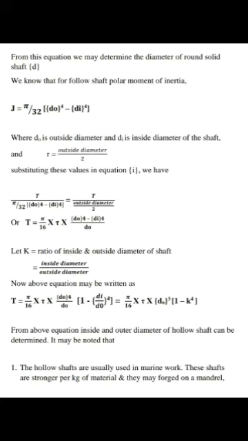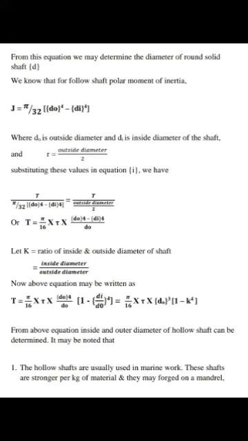If we have a hollow shaft, we know that for a hollow shaft the polar moment of inertia J is given as pi by 32 (d0^4 minus di^4), where d0 means the outside diameter of the shaft and di means the inside diameter of the shaft. Here the distance between neutral axis and outermost fiber will be equal to outside diameter by 2, not inside diameter by 2.